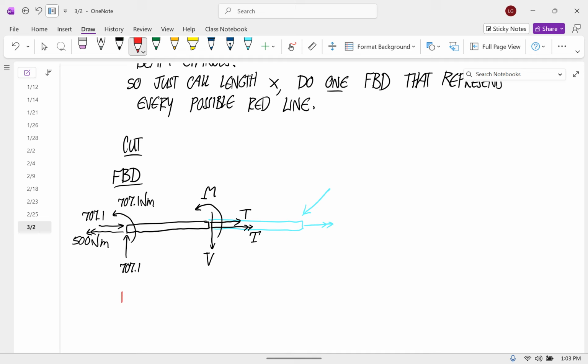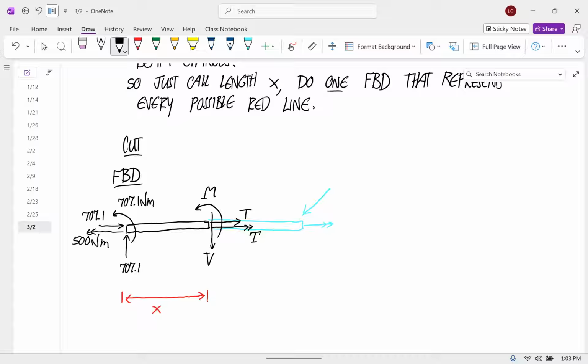And then, unlike before, where we were only considering 0.5 meters of this beam, now we're considering a length of X of this beam.